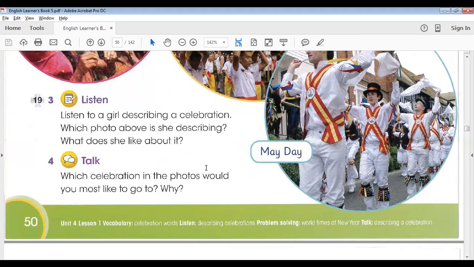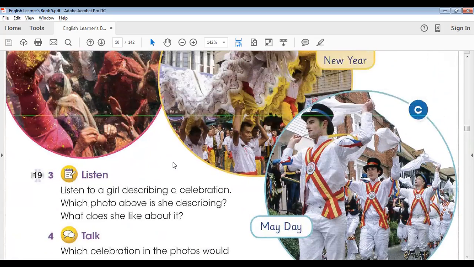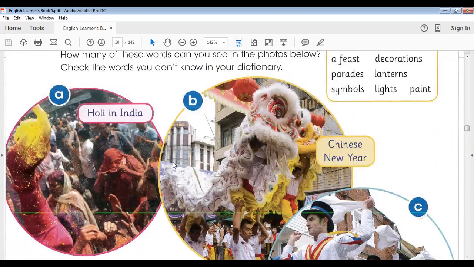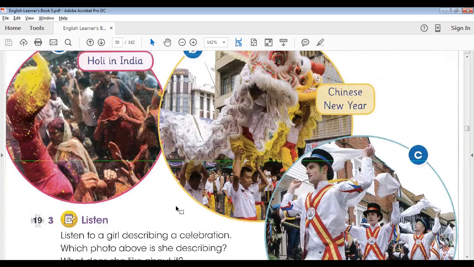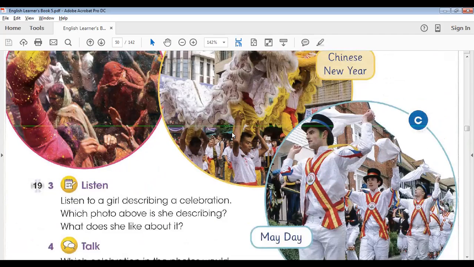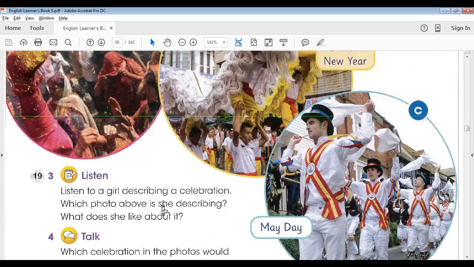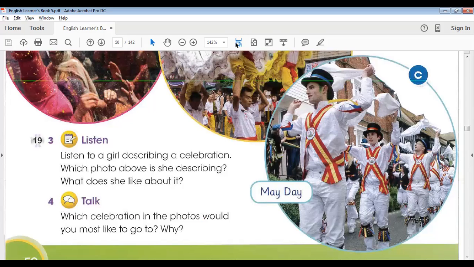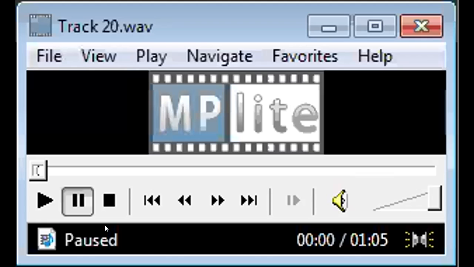So in this listening activity, we guess which of these events they are talking about. I'm going to play track 19. Kindly listen to the track and then I will display the answers as well.